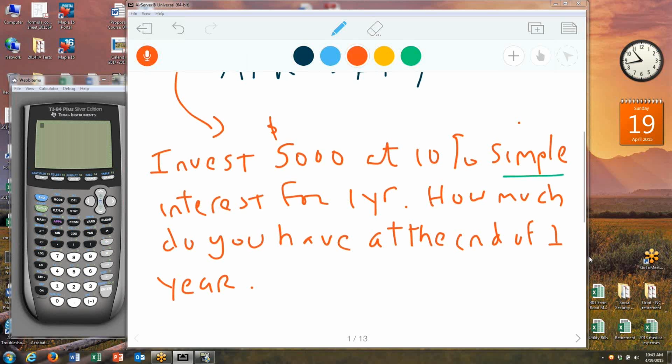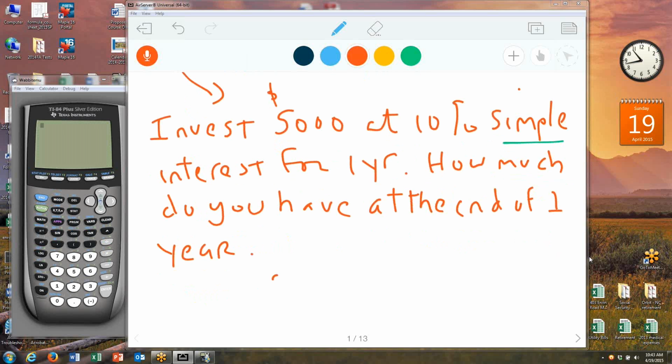So a lot of you are probably saying, well, I could take my $5,000, that's how much we got in there, what they call the principal, multiply by the interest rate, which as a decimal is 0.10, and then multiply by the time, which in this case is 1 year, and that gives me an interest of $500.